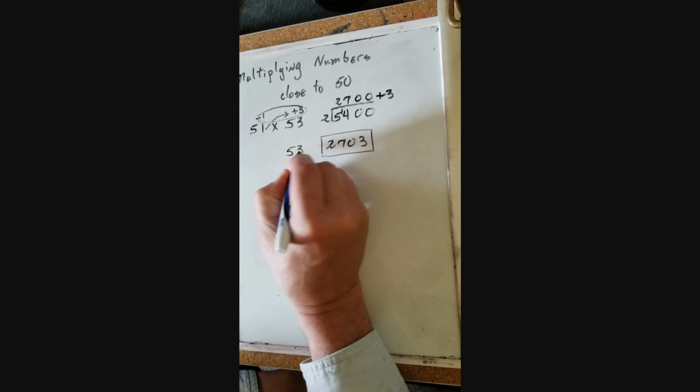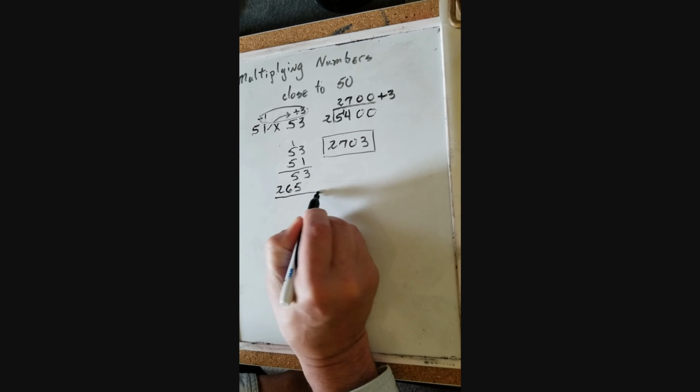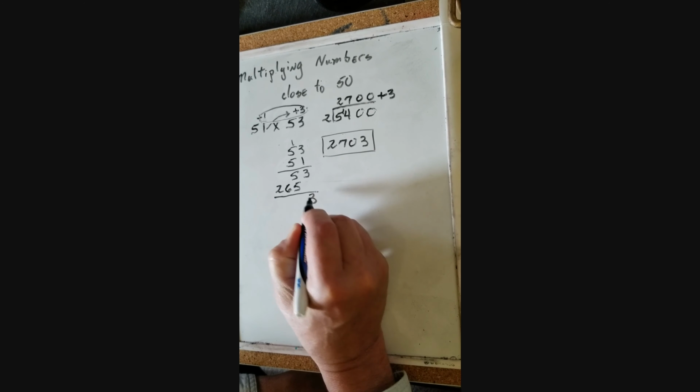Carry 1. 5 times 5 is 25, plus 1 is 26. So 3. 5 plus 5 is 10. Carry 1. 6 plus 1 is 7, and bring our 2 down. So either way we get it.